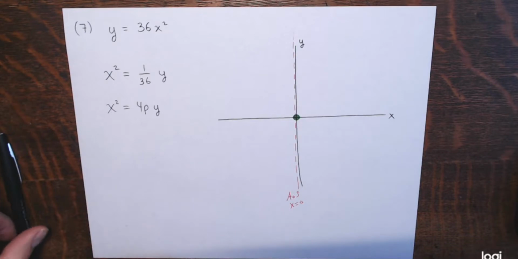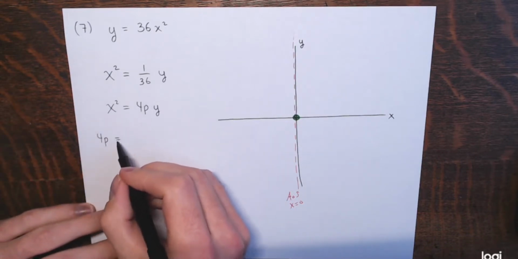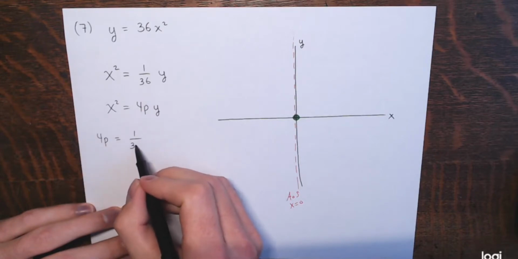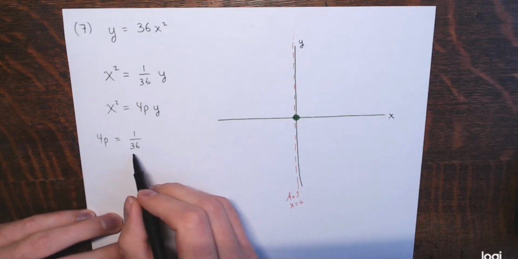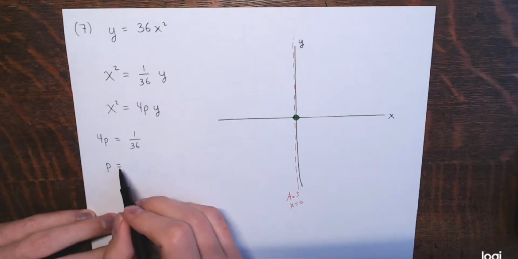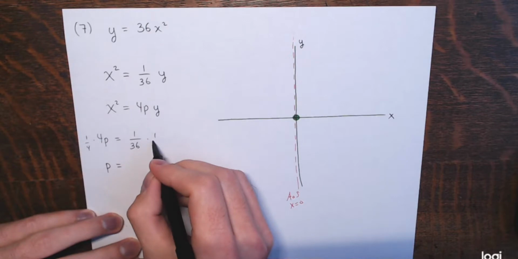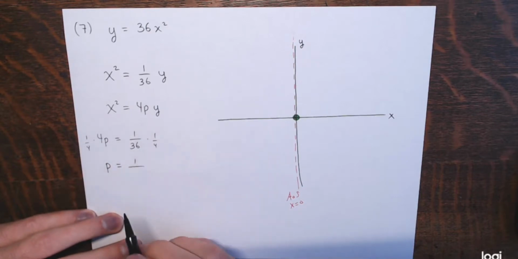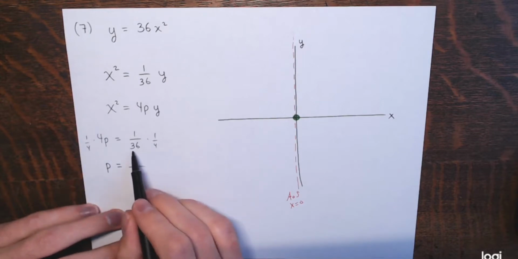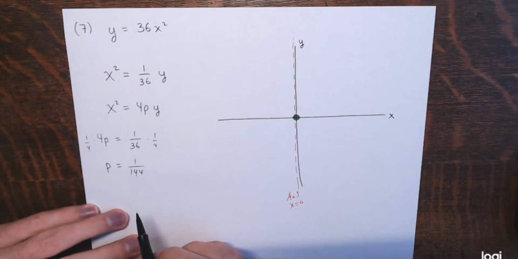And the value of p: 4p is 1/36. So I divide by 4, or that's the same thing as multiplying by 1/4. So 1/36 times a quarter is just 1 over 4 times 36, which is 144. So a real tiny number.